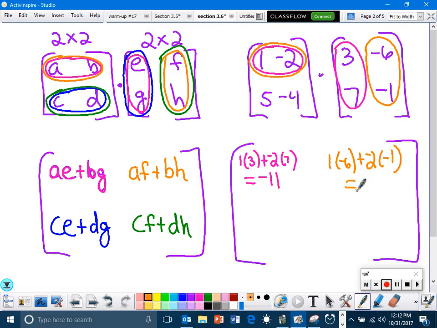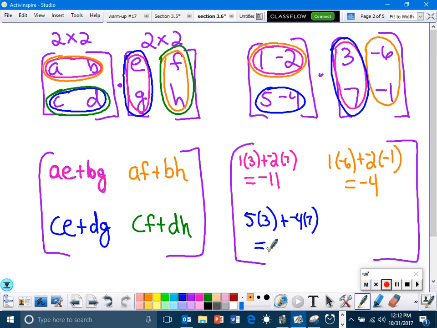Okay, solve that, and that will equal -4. Okay, now I'm done with the first row. I'm going to take the second row and the first column. So 5 times 3 plus -4 times 7. And that should give us -13.